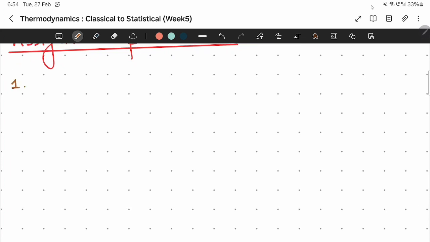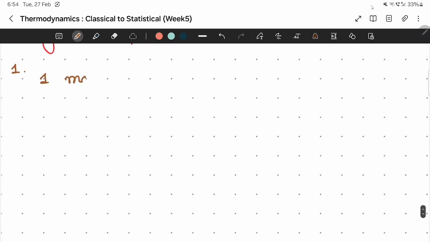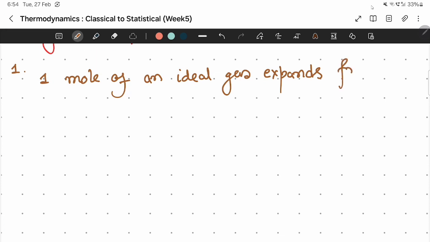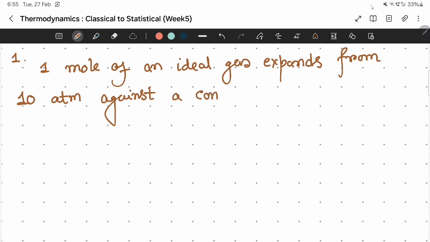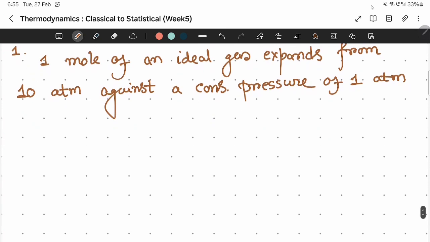Okay, so the first problem you have sent me says that 1 mole of an ideal gas expands from 10 atmospheric pressure against a constant pressure of 1 atm at 27 degrees centigrade.